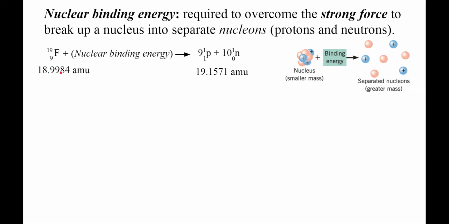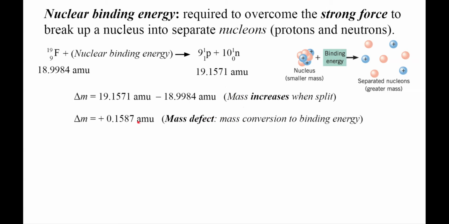Normally, if you were to disassemble something and weigh all the parts together, it should be the same. But here, it's not. We call this the mass defect. It increased 0.1587 atomic mass units. What's happening, we can probably explain with one of the most famous scientific equations of all time that everyone knows, E equals mc squared.